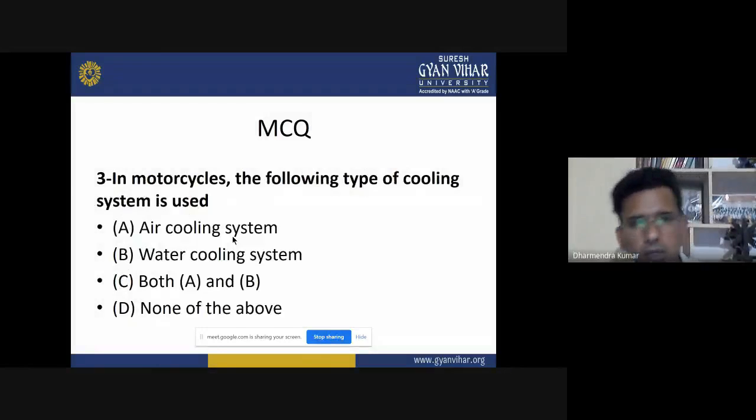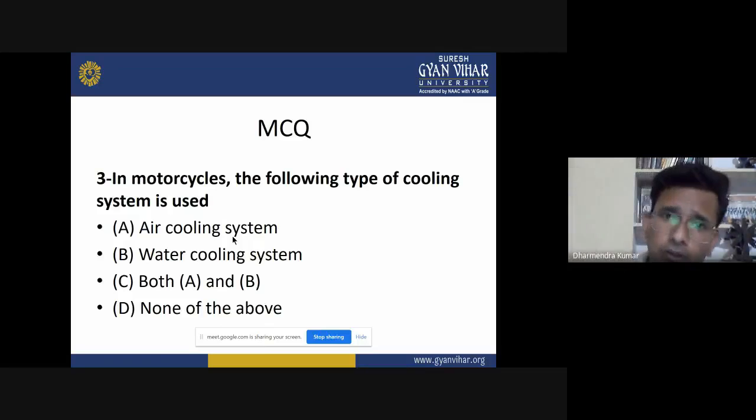Now the third multiple choice question is: in a motorcycle, which type of cooling system is used? We have discussed that one type is the air cooling system and another type is the water cooling system. The air cooling system is beneficial where the engine parts are in the open space and a strike of air can be drawn on the engine.